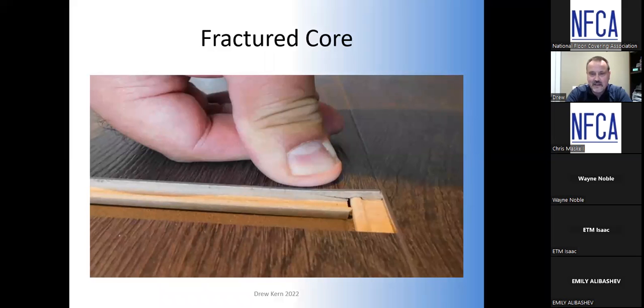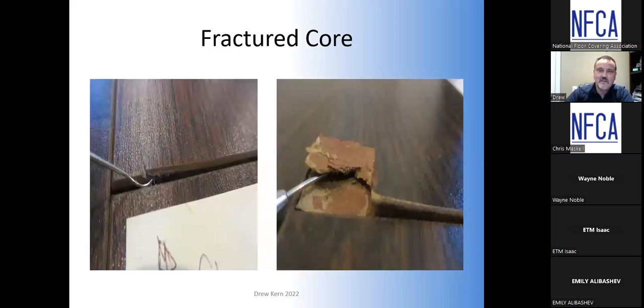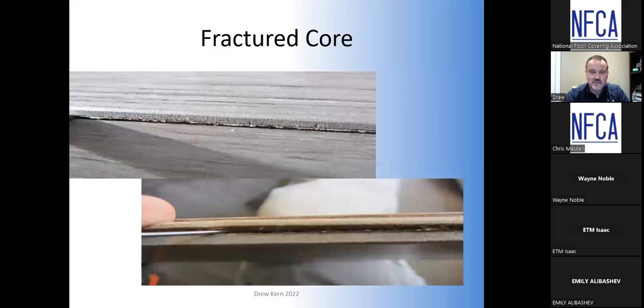And again, finding that is not easy, but you have to think out of the box and keep digging into it. Here's another fractured core. You can get right underneath and see that the core is actually separating. This could be from handling and or mishandling. But if I bring your attention to this screen, there's a fractured core in laminate, and the picture on the bottom has a steel ruler shoved in between a torn or fractured core.